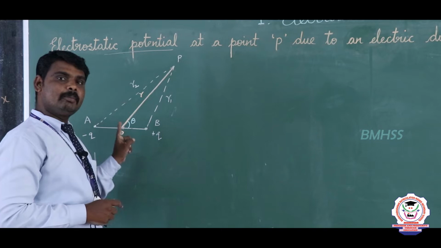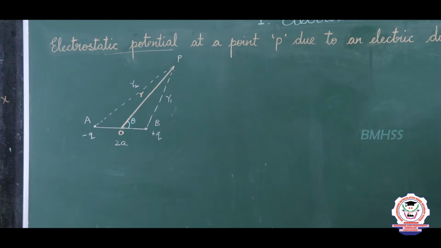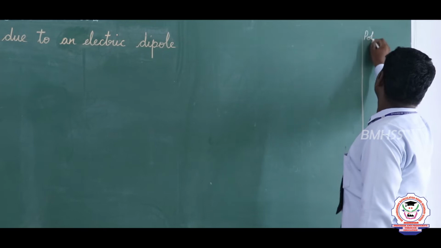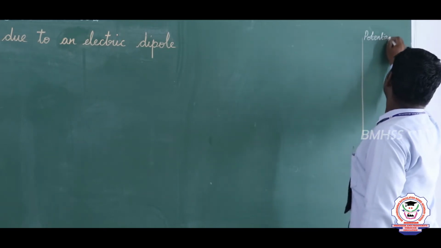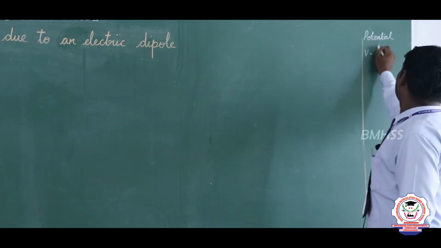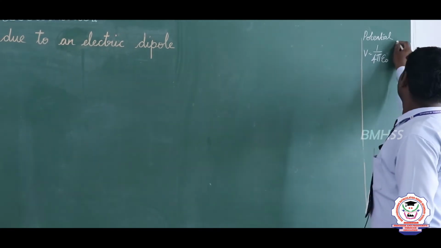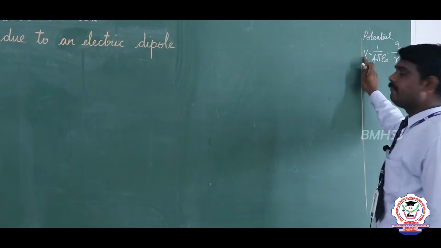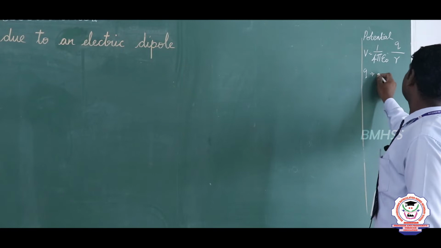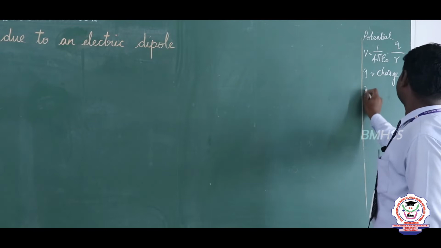The general formula for electric potential is V is equal to 1 by 4 pi epsilon naught q by r, where V is the potential, q is the charge, and r is the distance.